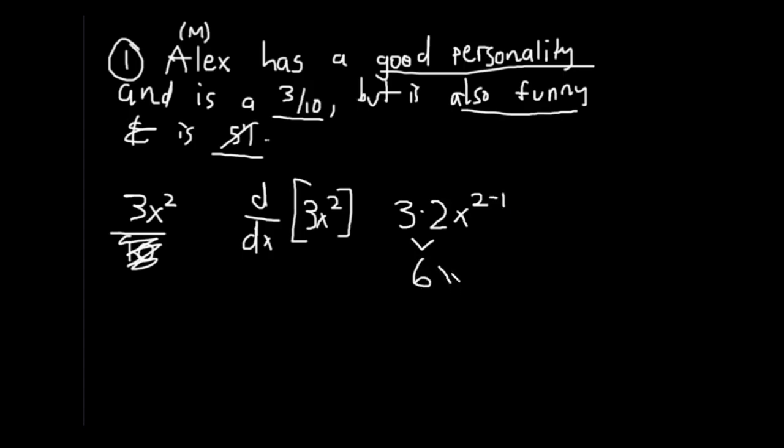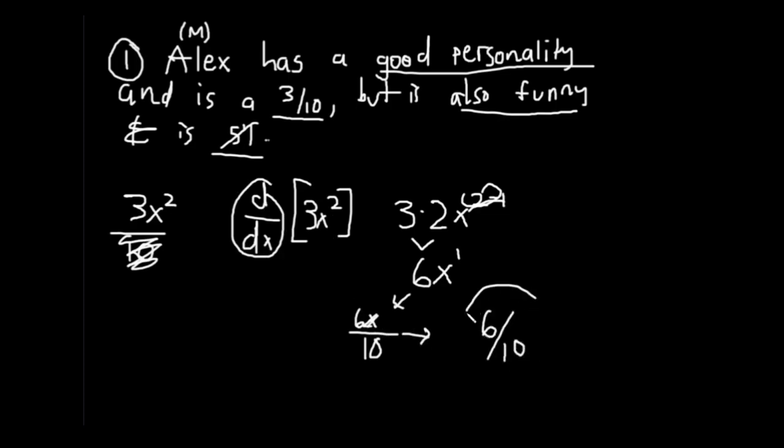So that becomes 6x, and then that gets reduced down to the first. So that leaves you with 6x out of 10, right? But now that we already took the derivative, you can just remove the x, which means that Alex is now a solid 6 out of 10 after all the calculations that we have. And that's how you do it. There's lesson 1-2.